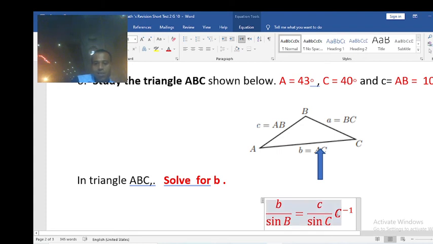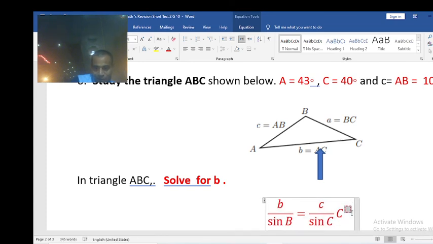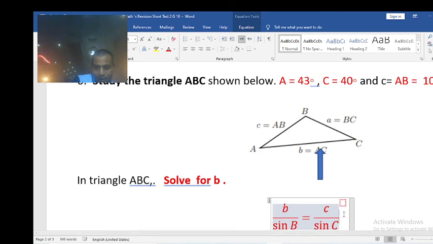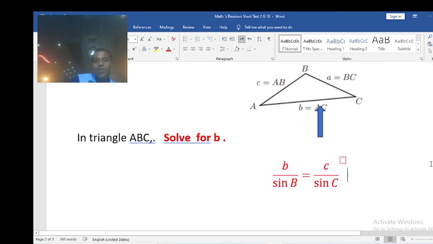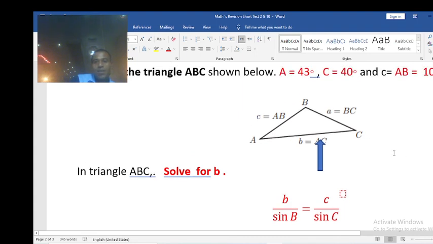I will erase the rest. Now we need to find what? C is 40, small c is 10, and angle b is not given, so angle b first.